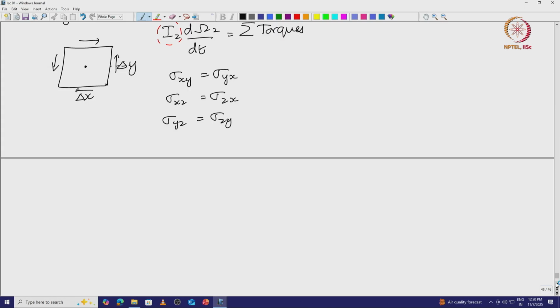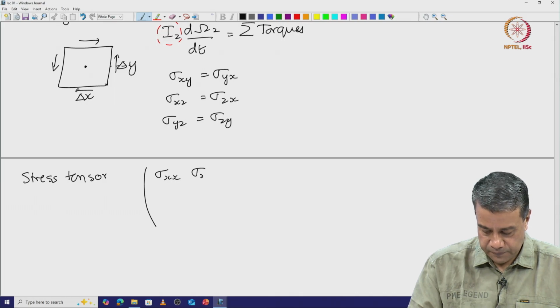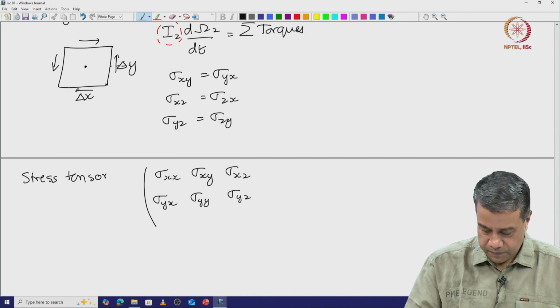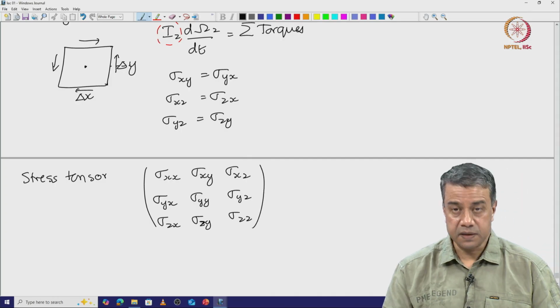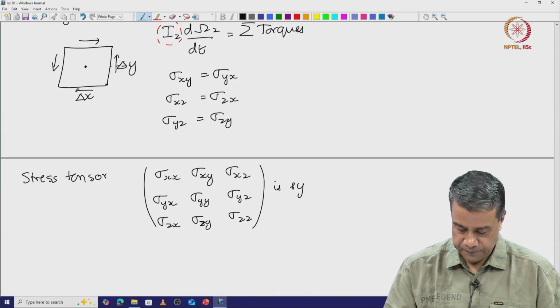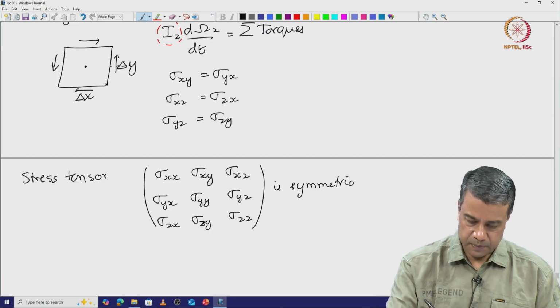And this implies that the stress tensor, I will just write the components without the unit vectors here, is a symmetric tensor, because the off diagonal components are all equal.